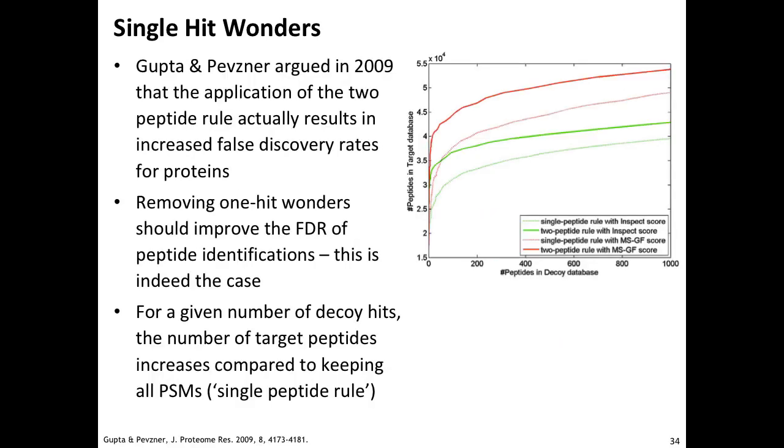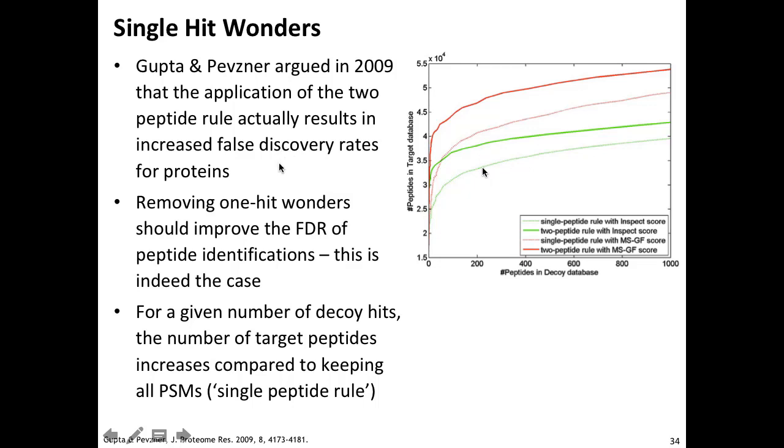And there have been a couple of studies that give you some idea that what we observe is not totally straightforward. So why did people want to get rid of these single-hit wonders? Because they said we want to get rid of these false positive identifications that accumulate. And on the PSM level, that is also true. Here, taken from a paper, people looked at the number of peptides in the target database that were identified based on the single peptide rule and the 2 peptide rule.